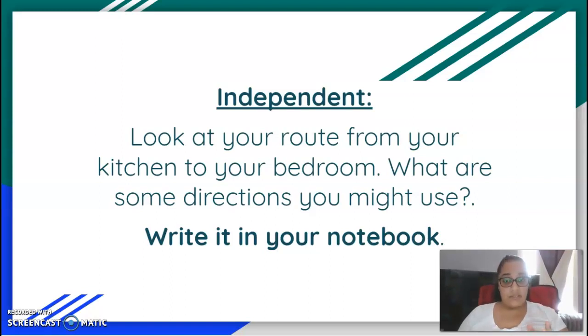So here's a tip. What you guys can do is literally go to your kitchen right now and walk from your kitchen to your bedroom. Tell me which cardinal directions you use to get there. I want you guys to write it in your notebook and then make a little map from your kitchen to your bedroom.